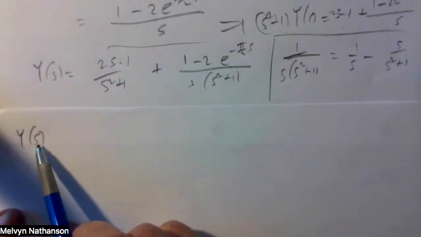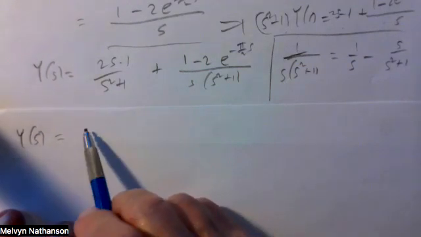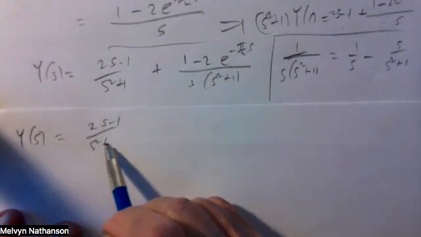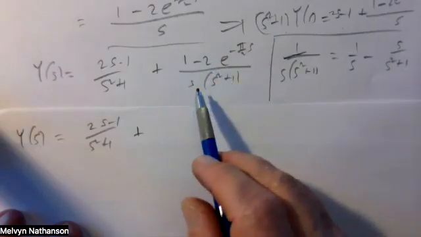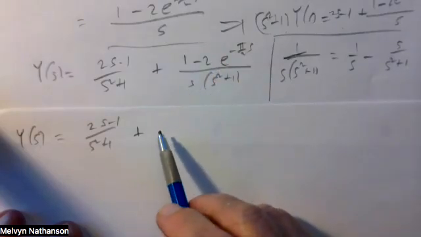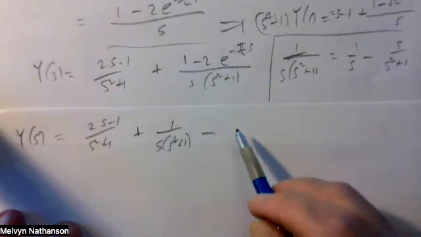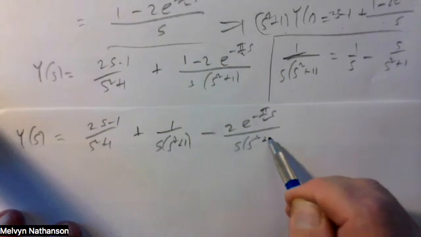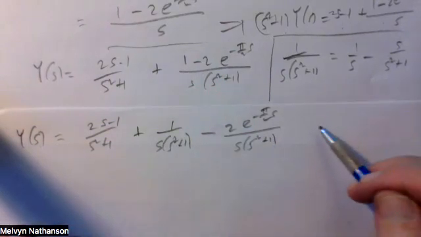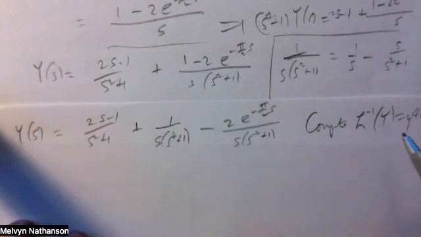Whatever is the solution of my differential equation, its Laplace transform, capital Y of s, is equal to 2s minus 1 over s squared plus 1 plus 1 over s times s squared plus 1 minus 2 e to the minus pi over 2s over s times s squared plus 1. And I want to compute the inverse Laplace transform of Y. That's my solution y of t of the differential equation.